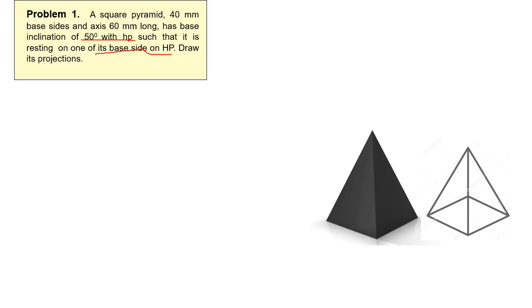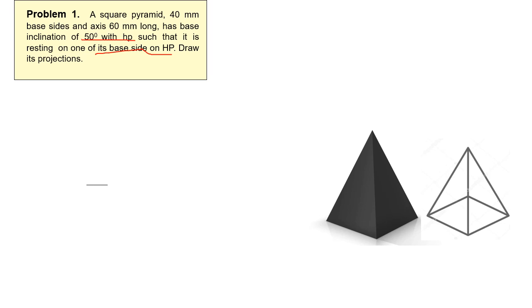And the second one, while resting on its base, we will consider one of the base sides to be perpendicular to VP. If you do this, what will happen? From top view, you will get the true shape of the base. Why? Because the whole base is resting on HP. And that will be a square.